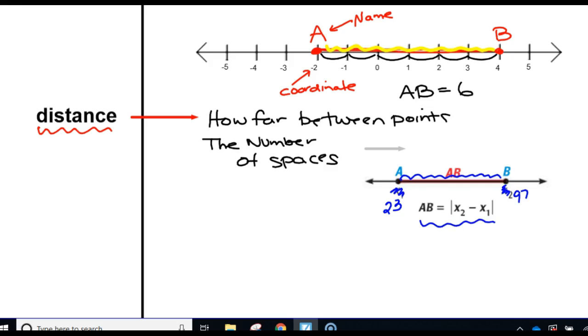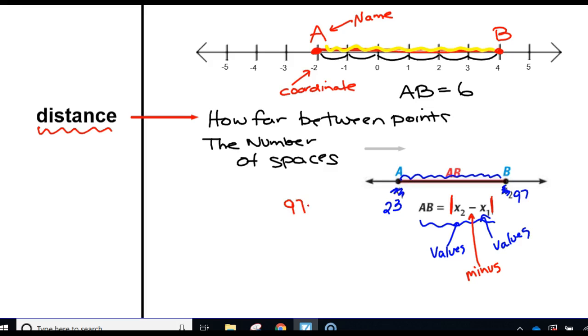Right here is our calculation. We take the two values and in between them, we minus. Notice that we have these two lines on the outside. Those lines are absolute value. The absolute value always makes them positive, so it doesn't really matter which order we subtract in.